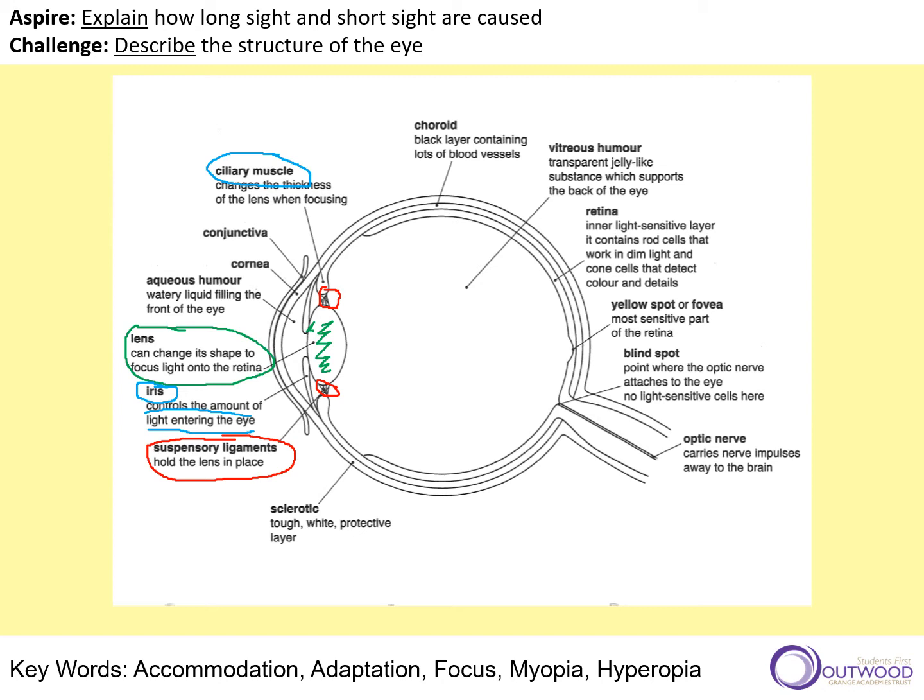If you're in a dark space, for you to be able to see, you need to get more light. So your pupil will dilate, so it will get larger. Dilate just means get larger in a circular fashion in this sense.